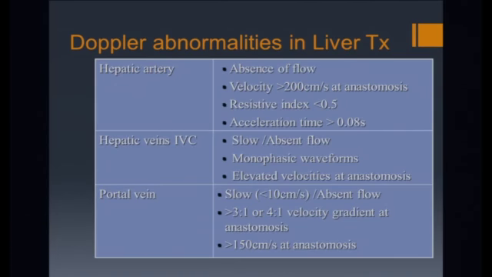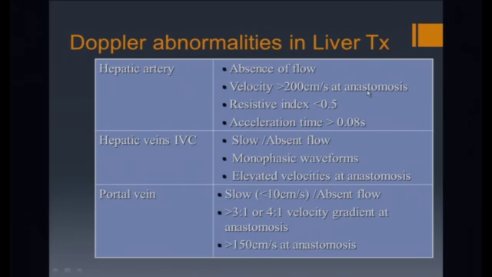This slide is a summary of the Doppler abnormalities in liver transplantation. In the hepatic artery, you should look for absence of flow. An occluded hepatic artery is a serious complication that can lead to the loss of the graft or serious biliary complications such as strictures and dilatation due to sloughing of the biliary mucosa.